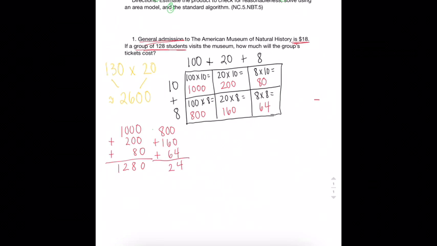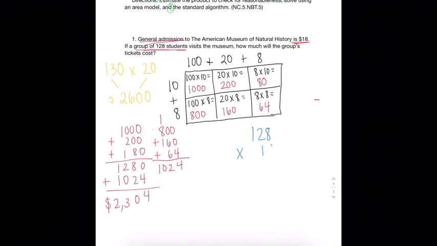Pay close attention to the 2 individual partial products that we just got, 1,280 and 1,024, because I guarantee you're going to see them again when we actually do the standard algorithm. And so now I'm going to add 1,280 to 1,024, and I have an answer of $2,304. The final step was to solve using the standard algorithm.